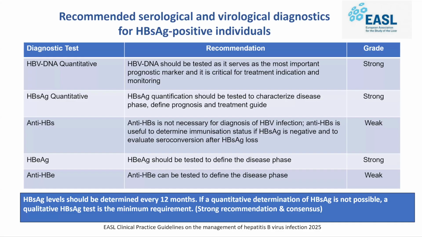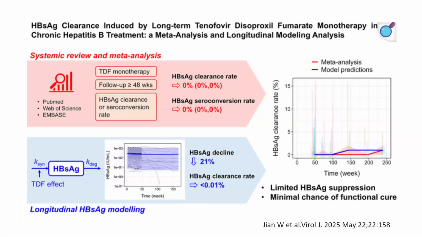If you look at patients treated with tenofovir, the rate of HBsAg clearance with long-term treatment is very, very low. Oral nucleosides are very potent in suppressing viral replication, but have minimal chance of functional cure.